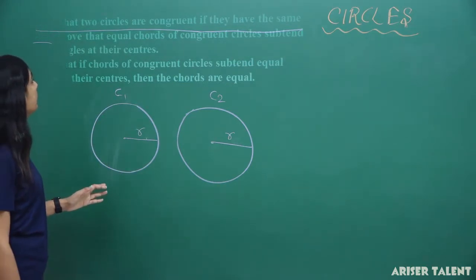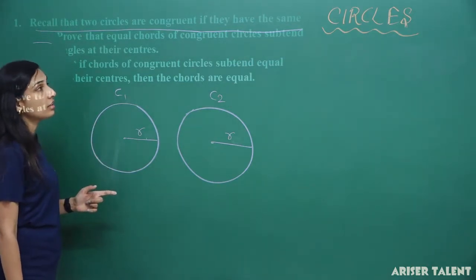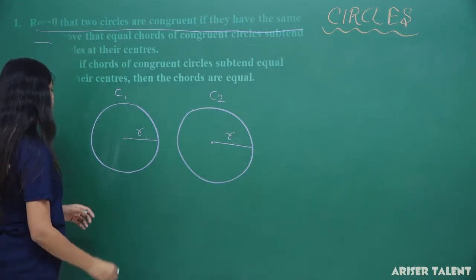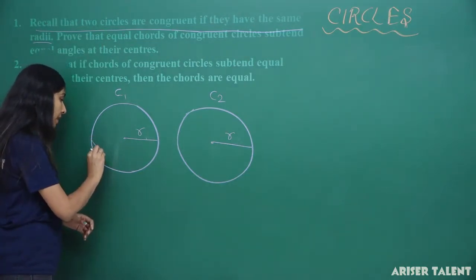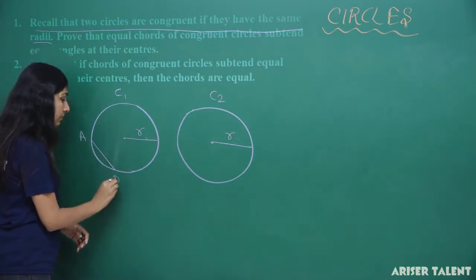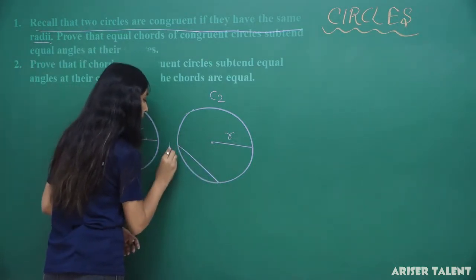It's saying that equal chords of congruent circles. Equal chords means I am having this AB here and this PQ here.